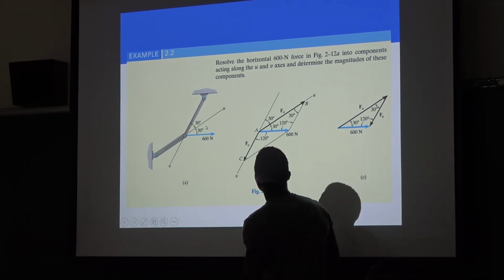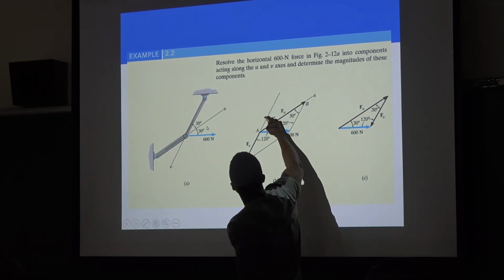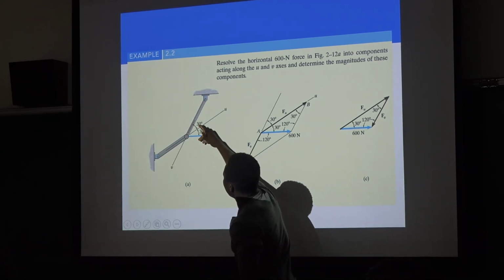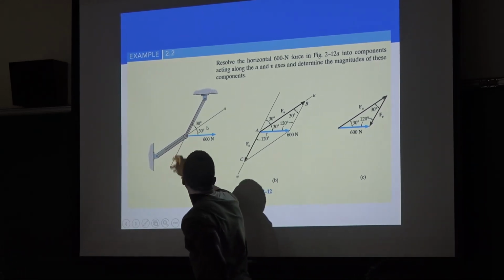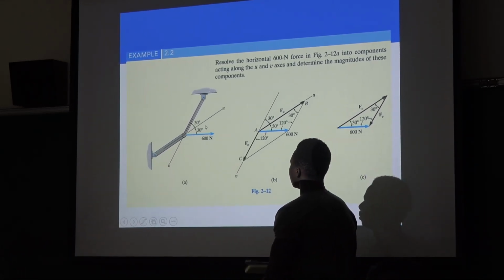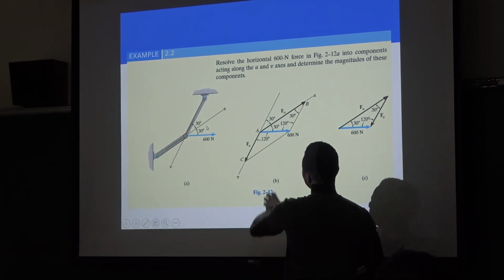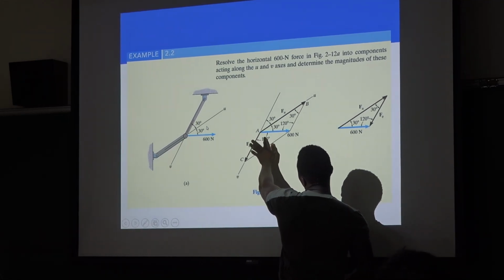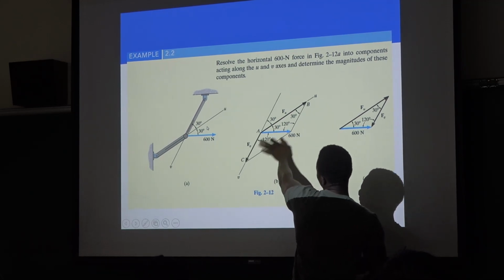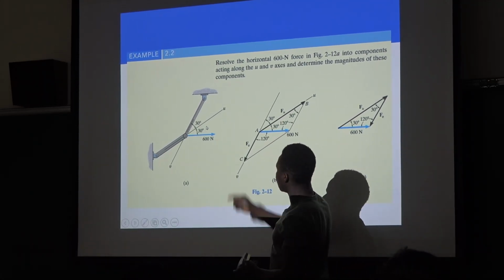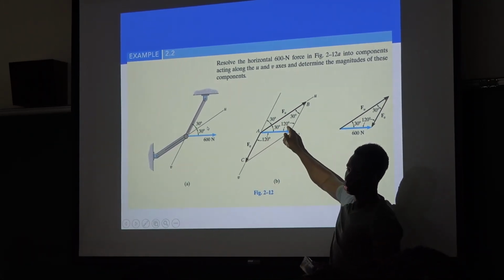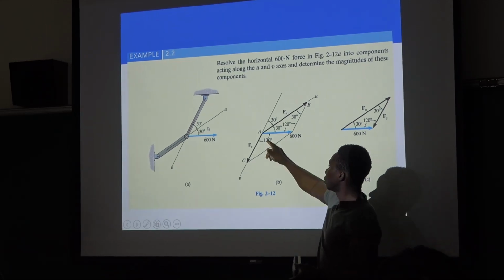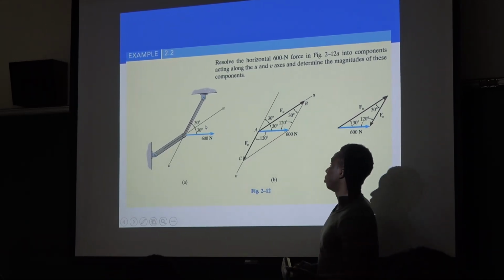So everything from here to here should be 180. We have 30, 30, so from here to here should be 180 minus 60. So that's how the 120 here came about. And then this one are alternate angles. So if this is 120, that means here also should be 120.